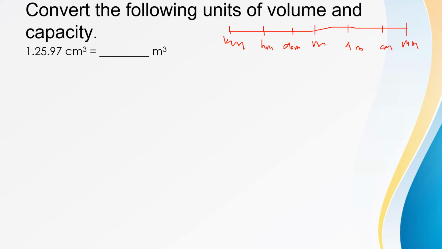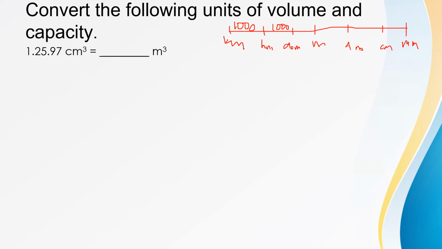So remember in cubic meter, every space is equivalent to 1,000. So 1,000, 1,000. That's why 1 cubic hectometer is equivalent to 1,000 cubic decameter.